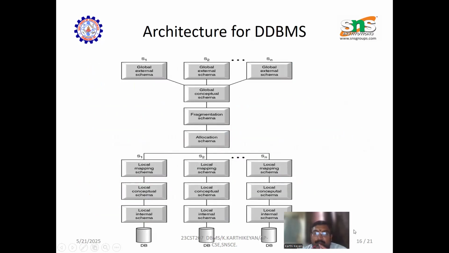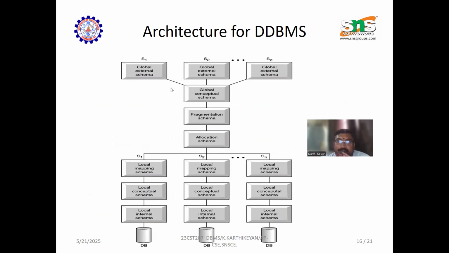So this is an architecture of DBMS. This is the global external schema, the fragmentation schema, allocation schema, local mapping, conceptual schema, and local internal schema, and DP. First I write select star from the table name, meaning first I receive it. After that, it checks the fragmentation, then allocation, then mapping with the schema, then the conceptual schema is checked.